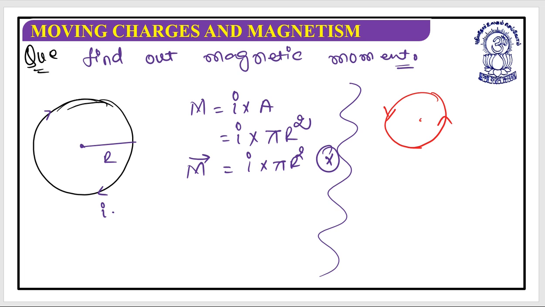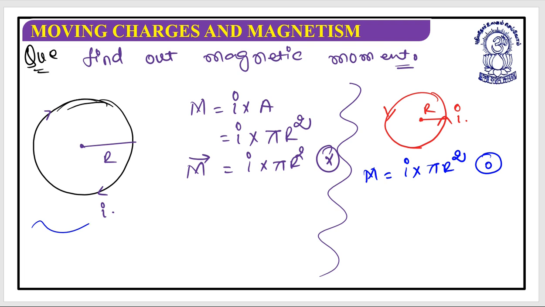Again, this is a circular loop having current I, but this time current is moving through it in the anti-clockwise direction. So let's first deal with the magnitude. It's I multiplied by pi r square. And now the direction. Curl your right hand fingers. Yes, if you curl your right hand fingers, then the thumb represents the direction of magnetic moment, which is outside.